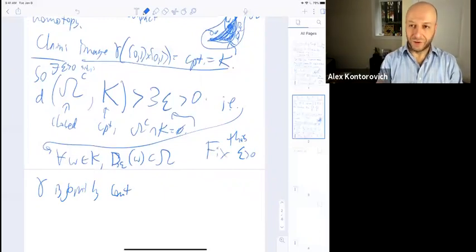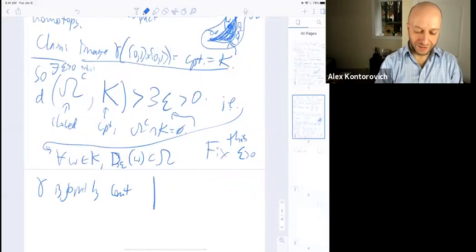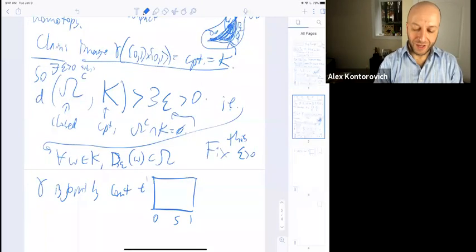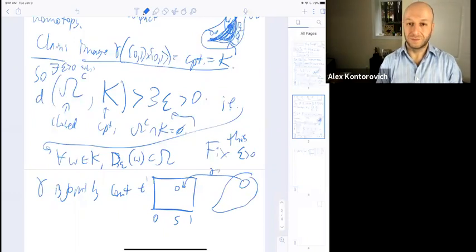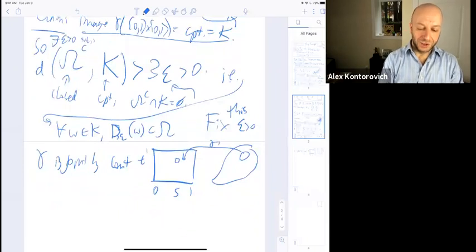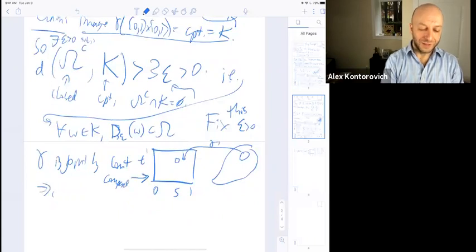Continuous in the S and T variable, right? So here's the S and T variable. This is S from 0 to 1. This is T from 0 to 1. And so the preimage of some little open set is some little open set in S and T. And it's jointly continuous, and the domain is compact, and hence it's uniformly continuous.